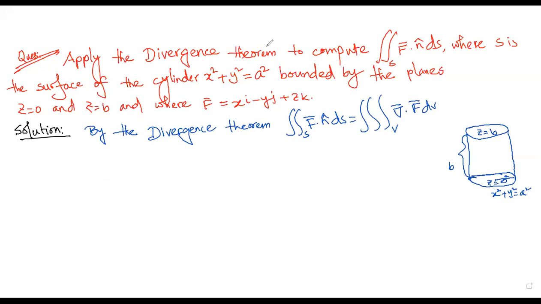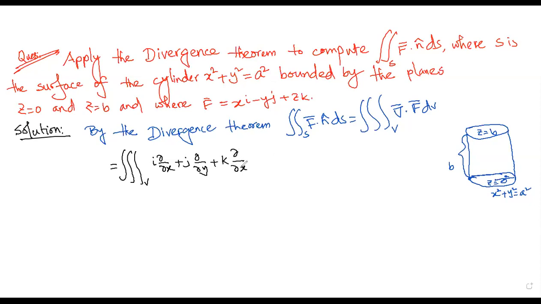So this is the definition. What is the divergence of f? The divergence means we know that del is i del x plus j del y plus k del z.